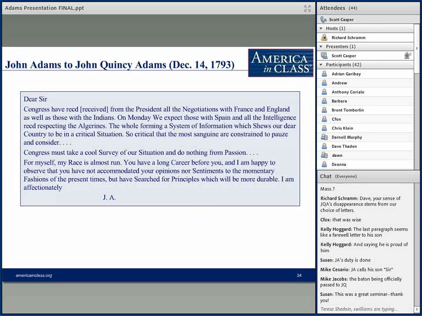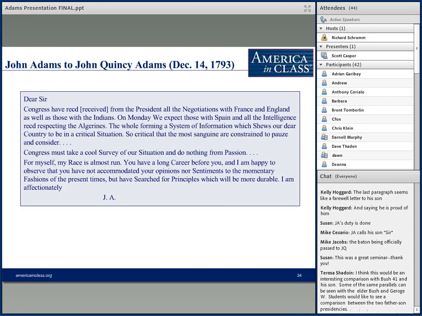You don't see nearly as much of it in Washington either. George and Martha Washington, of course, had no children of their own. There were Martha Washington's children and then her grandchildren, and George tries to be a kind of surrogate father to them, but it's not the same as John and John Quincy.